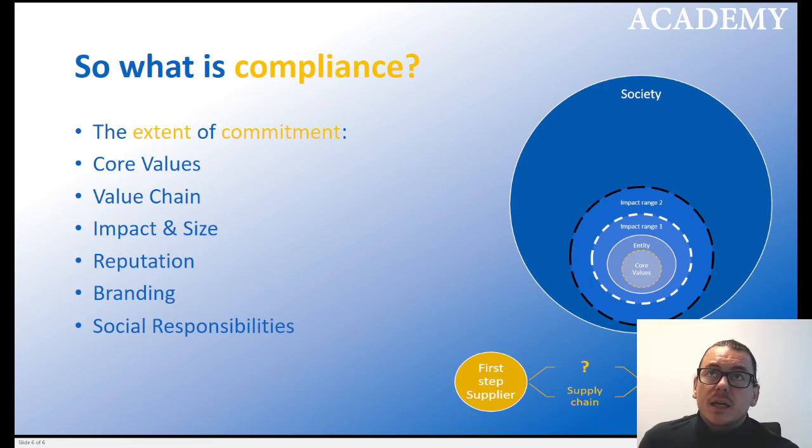Because if you take a really hard stance on certain political areas, then you have to secure your way out to avoid a shitstorm from society or even to be sure of the regulatory demands. The value chain. Well, the more suppliers you have, the harder it is to be consistent in your compliance commitment.